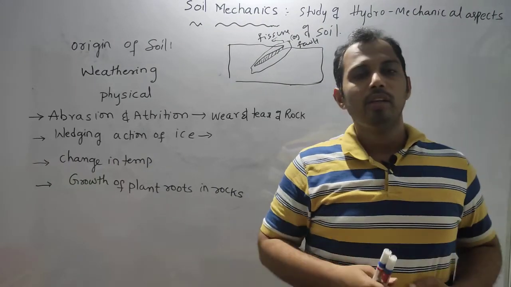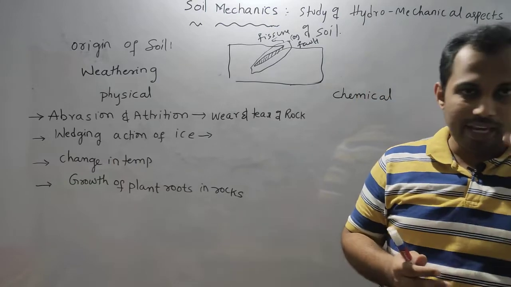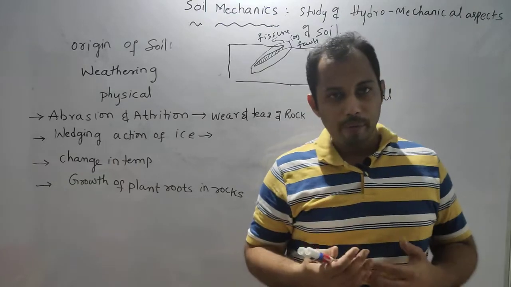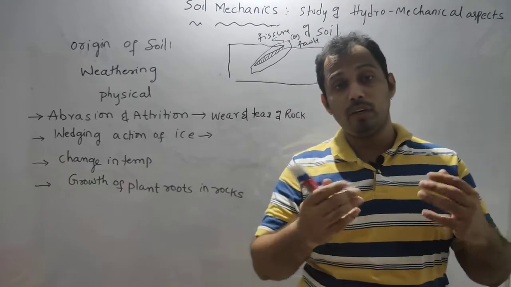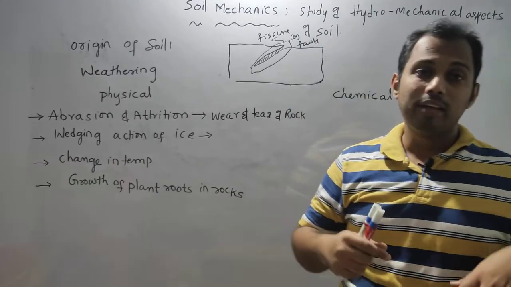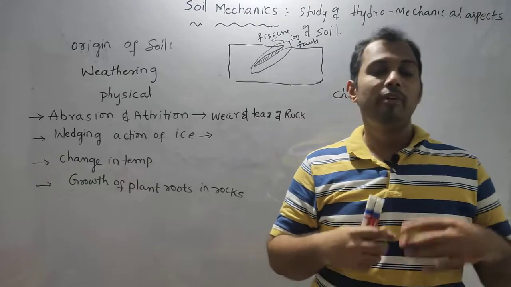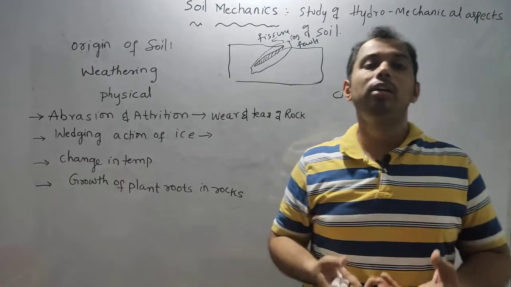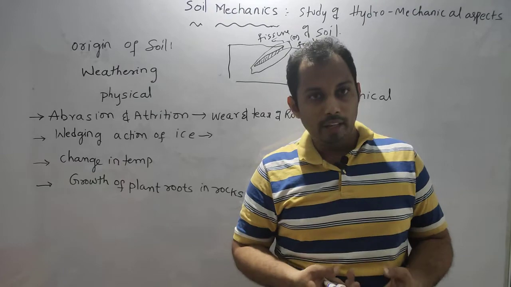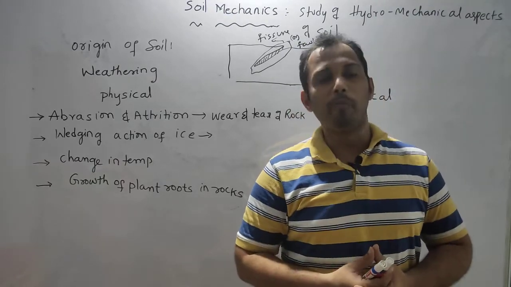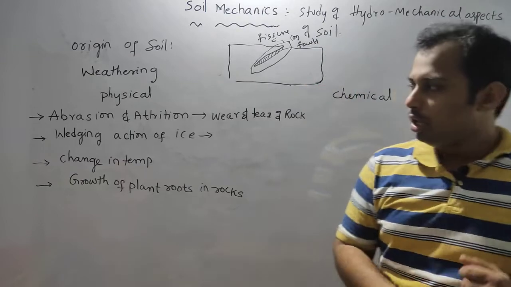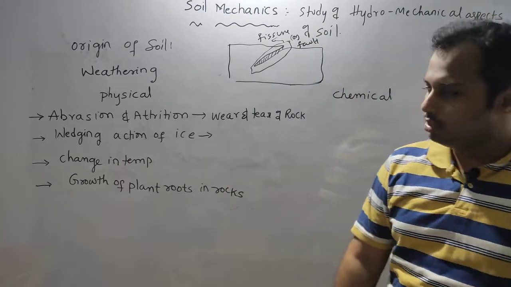So because of the wedging action of ice, wherever there is a void, the water will enter it and, if the frozen temperature exists, it will become ice, and while becoming ice, the volume increases and it will push the adjacent rock and break it into small pieces, which is nothing but the soil. So that is the wedging action of ice.